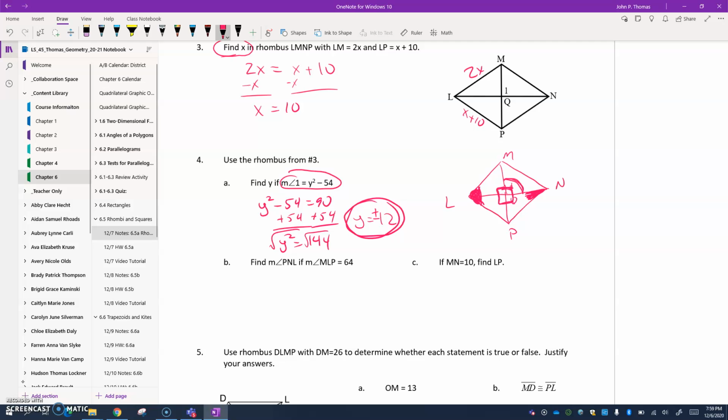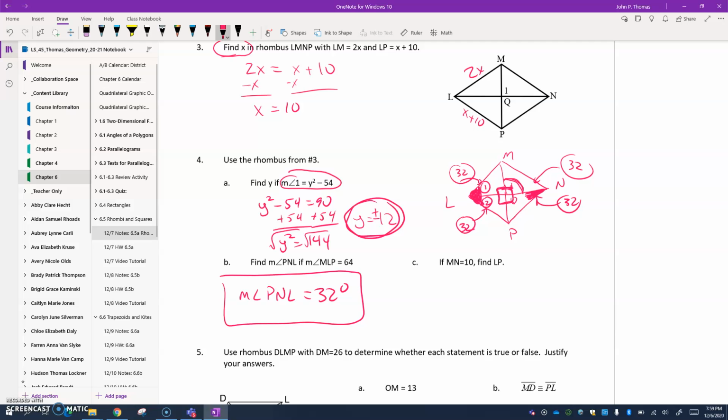So this top half, which I'll label 1, and this bottom half, which I'll label 2, have to be the same size. So both angle 1 and angle 2 would have to be half of that 64, or 32. So we get a 32 in that spot and a 32 in that spot. But we remember from our properties of a rhombus that these two angles over here are both going to be 32 as well. So right there we get our answer: measure of angle PNL equals 32 degrees.